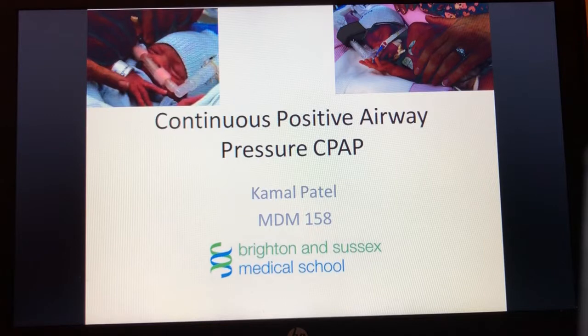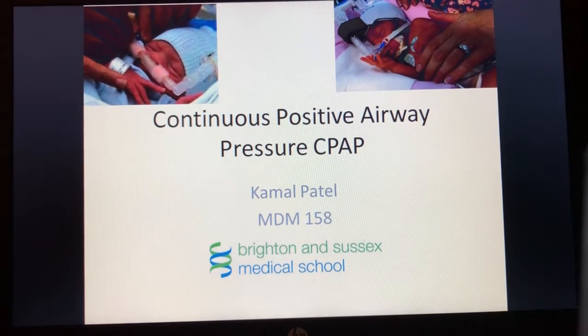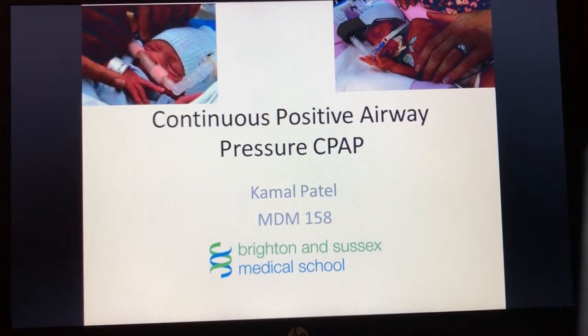I want to start by just mentioning that most of paediatricians' experience of using CPAP is in the field of neonatology and premature babies, and as you can see from the photographs here, there's a very simple piece of kit called bubble CPAP which can be used, and that's on the top left-hand photograph.